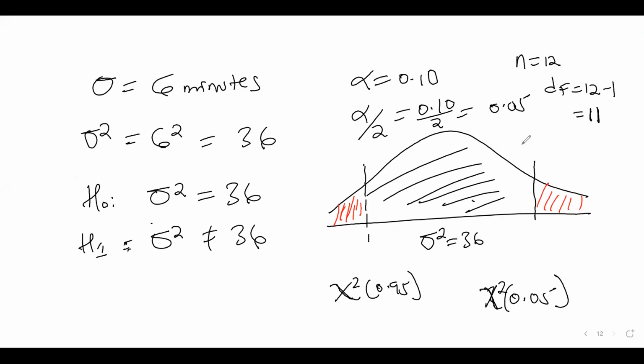So we have the critical chi-square: the upper bound is 19.68, okay? And the lower bound for the chi-square is 4.57. Good. Now, the next thing is that we have to compute our chi-square, because what we've done is the critical chi-square.